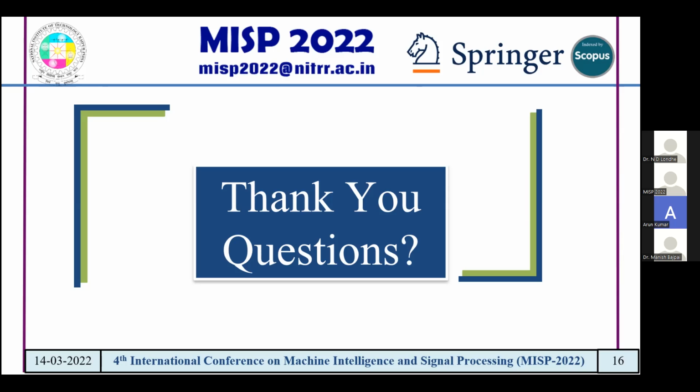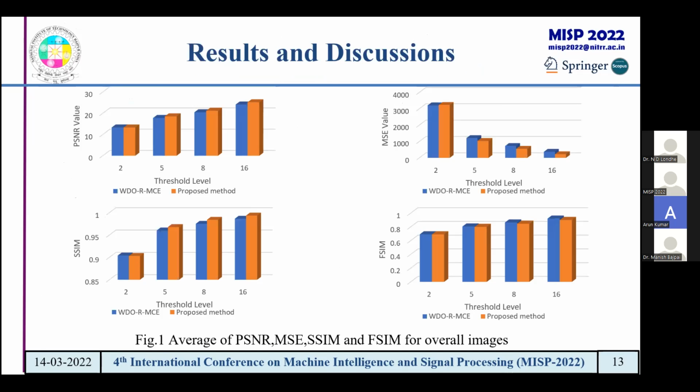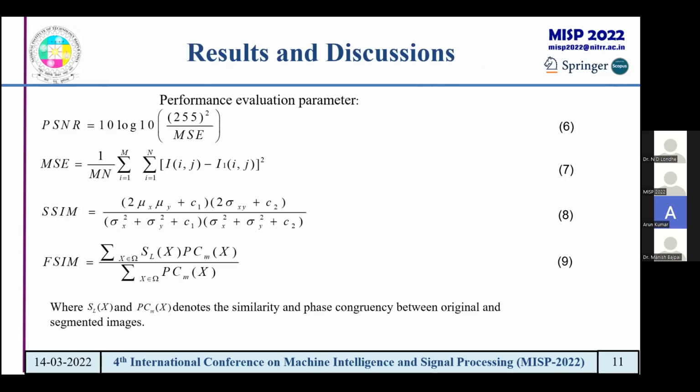So what other measures can you use for similarity measures? Similarity measures, I have used SSIM in this slide, the structural similarity index. Do you know any other quality measures which can be used in place of SSIM? Sir, SSIM and FSIM, these two measure the quality.